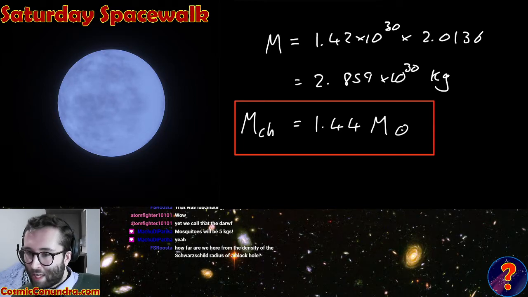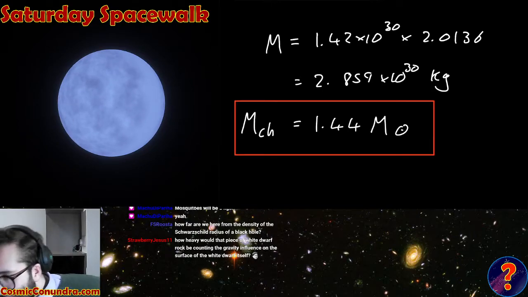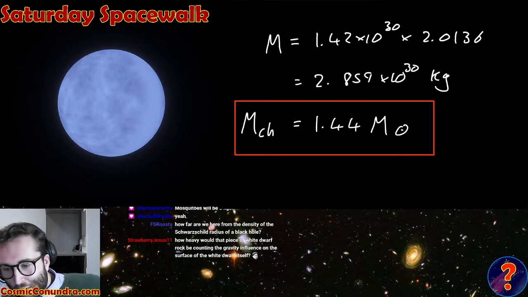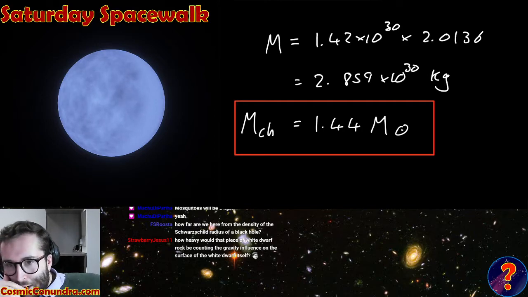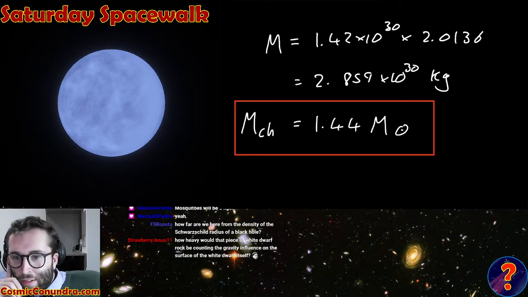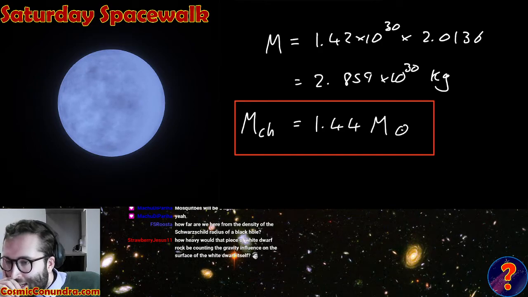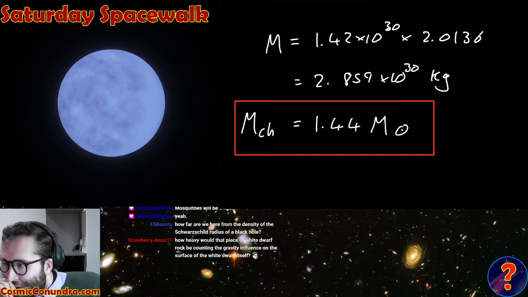How far are we from the density of a Schwarzschild radius of a black hole? Well, what's the radius of the Earth? The radius of the Earth is, I know it's got a 6 in it, 6,000 kilometers. So the radius of the Earth is about 10 to the 6 meters. Its mass is about 10 to the 24.